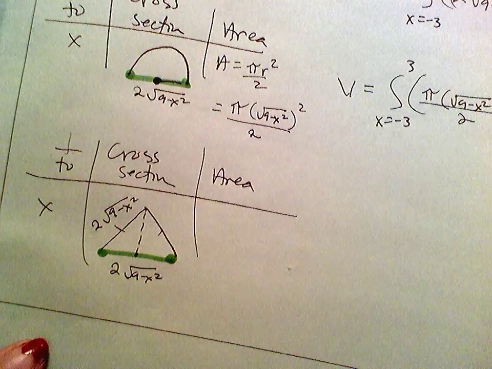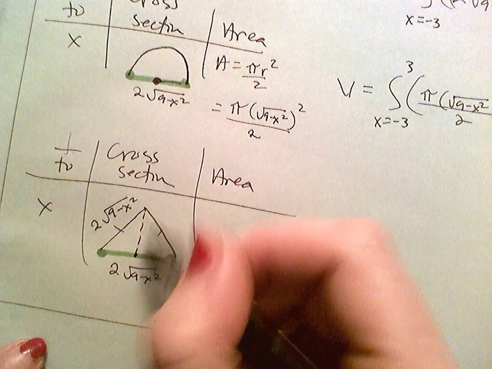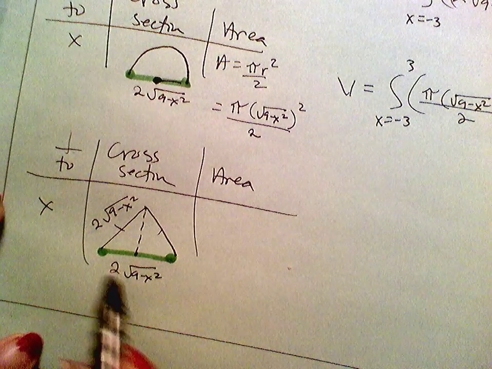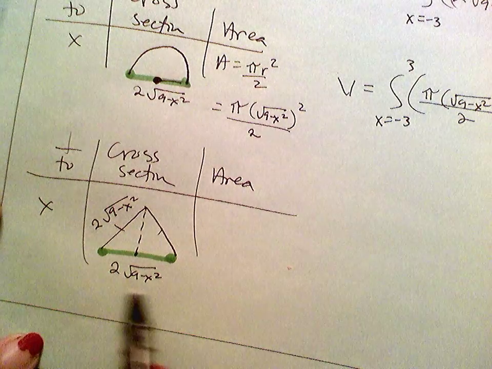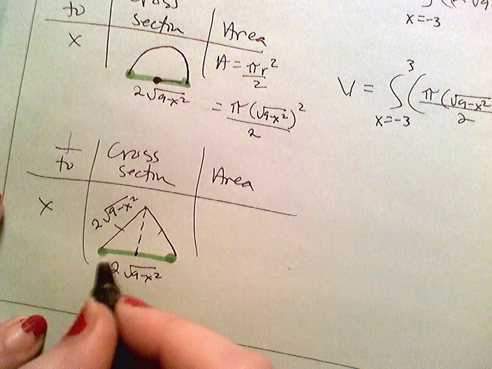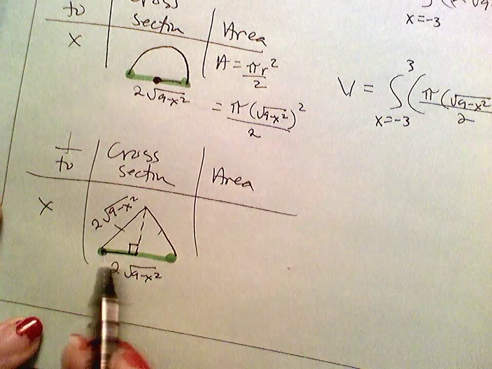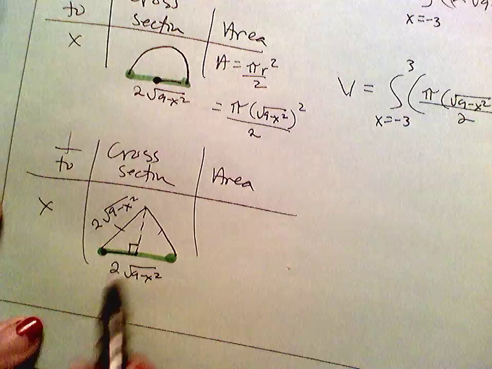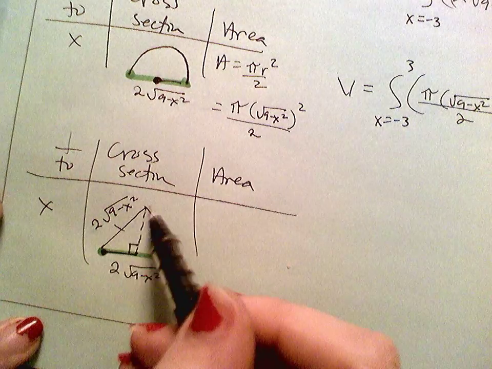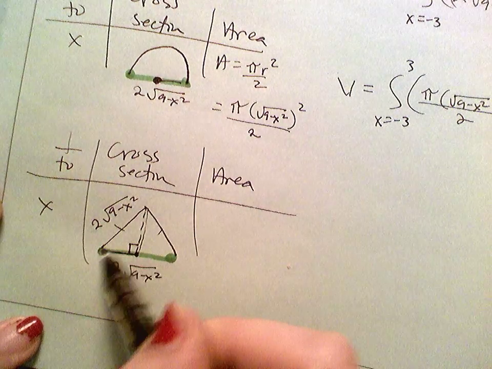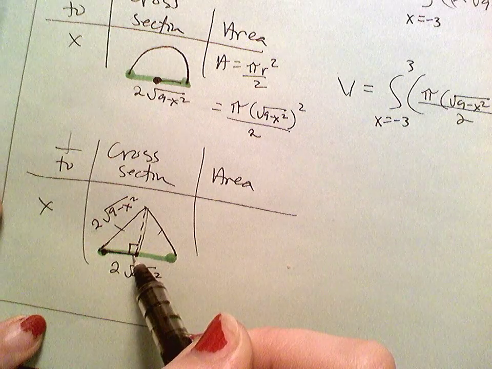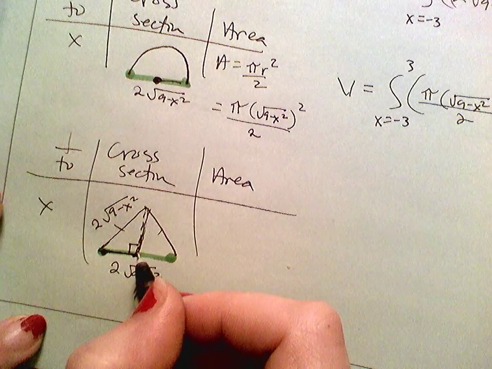We've got to use the Pythagorean theorem to find this height. If this whole thing is 2 radical 9 minus x squared, then this little piece has to be half of it. And this will be the hypotenuse of the right triangle I'm about to use the Pythagorean theorem on.